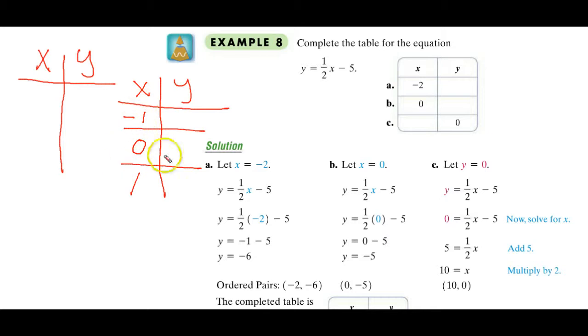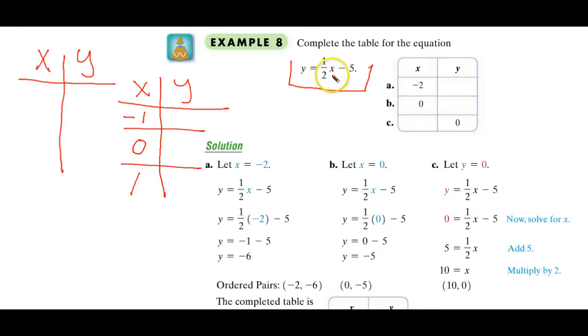Now these are near the origin and are going to be easy to graph. If you choose big numbers here, you go off the graph. But when you look at this equation, again it's in 2 variables, y and x. When you look at this equation, would you choose a negative 1 and a 1? And the answer is no.